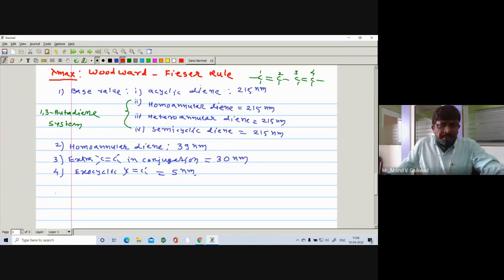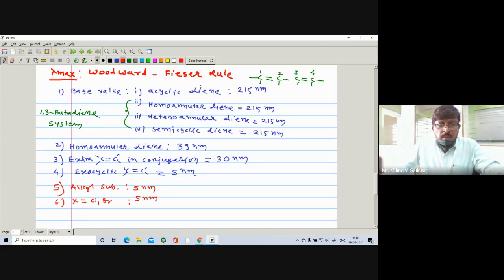Number 5 point, apart from this, if there is an alkyl substituent, for each alkyl substituent you have to add 5 nanometer, right? Number 6, if there is a halogen, for example chlorine and bromine, then in that case also you have to add 5 nanometer.